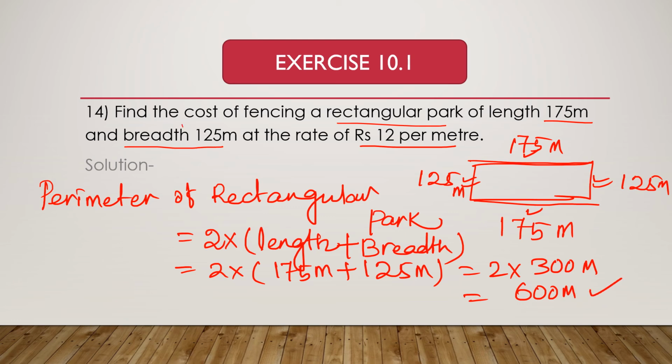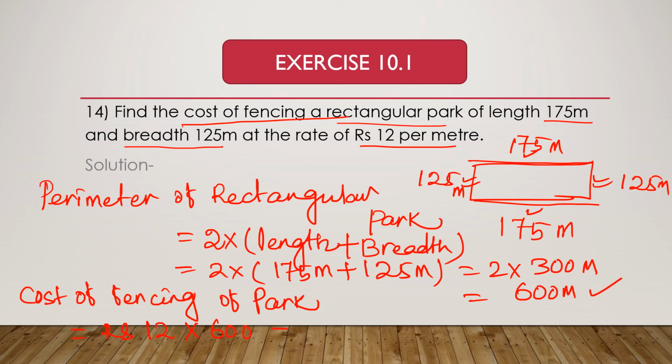Now we have to find the cost of fencing the rectangular park at the rate of 12 rupees per meter. The cost of fencing the park will be 12 rupees per meter multiplied with 600, that is 12 sixes are 72, 7,200 rupees.